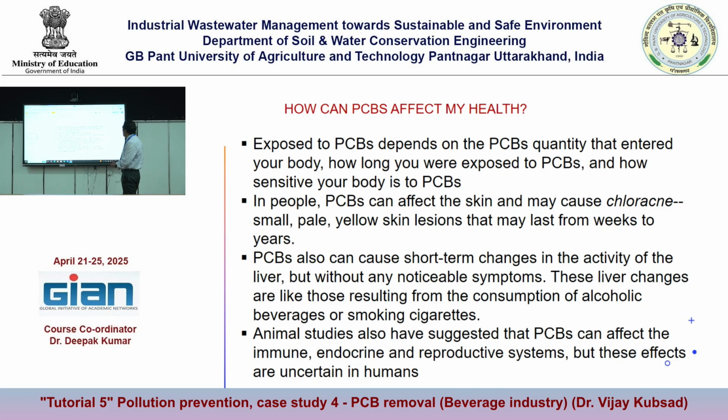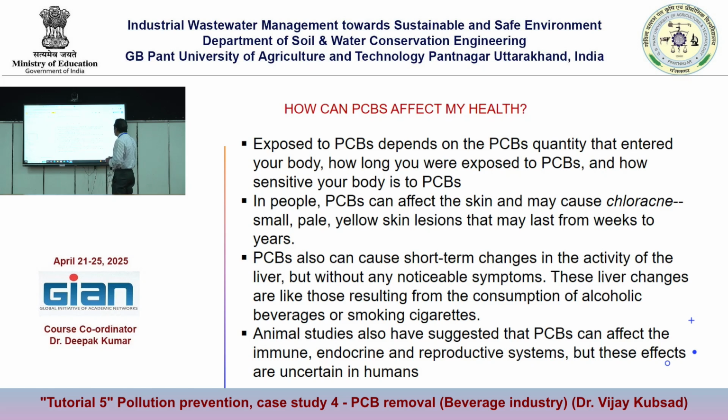Exposure to PCB depends upon the PCB quantity entering your body, how long you were exposed, and how sensitive your body is to the PCB. That means how much immunity you have. Who are prone to this kind of pollutant of concern? Children, aged people, elder people, senior people who have less immunity. They are all targets.